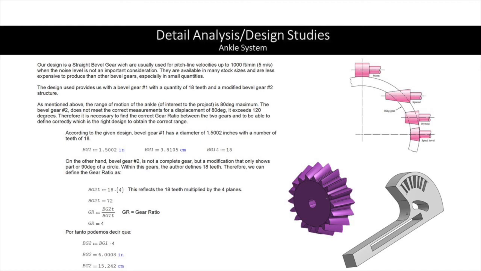Having this information, we can say that the diameter of gear 2 is about 15.242 centimeters or 6 inches.